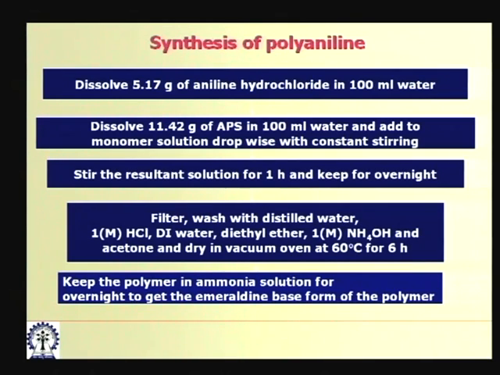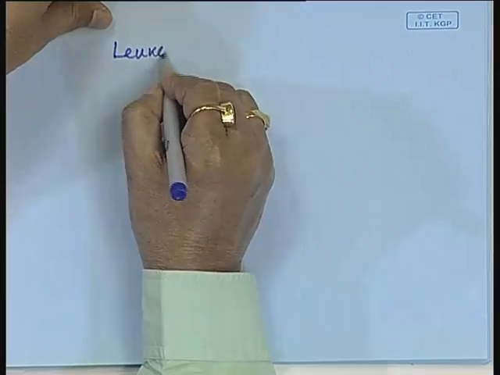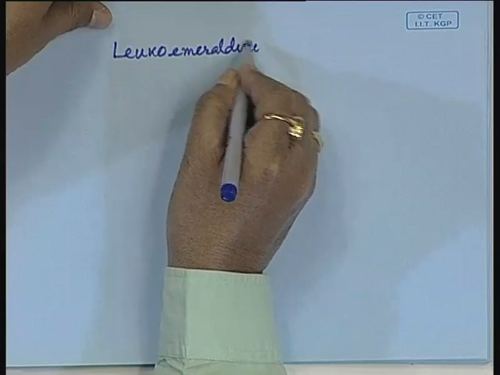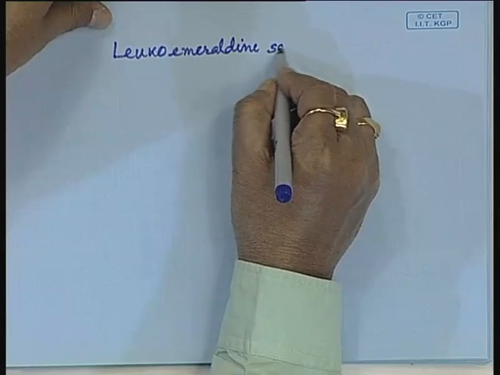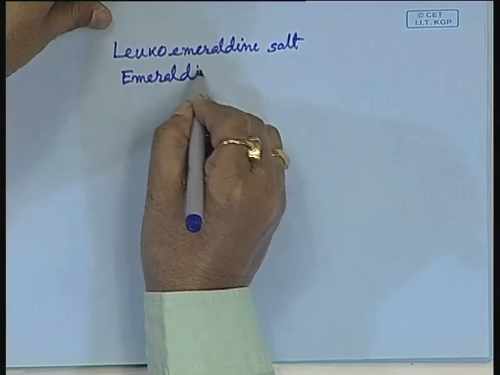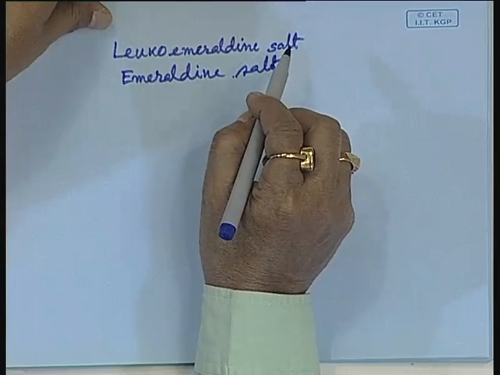So, initially the polymer which precipitates out from the medium is a salt, known as leucoemeraldine salt, then emeraldine salt, both are insoluble in water.